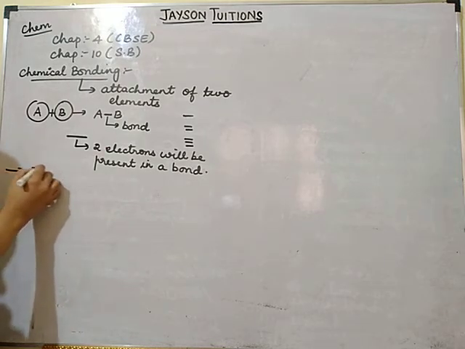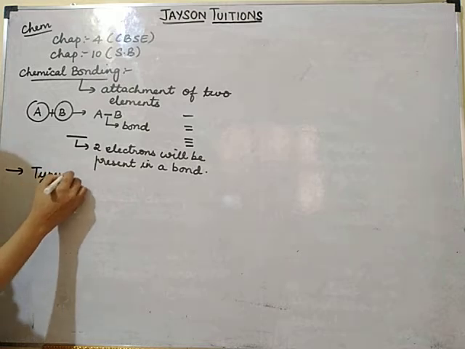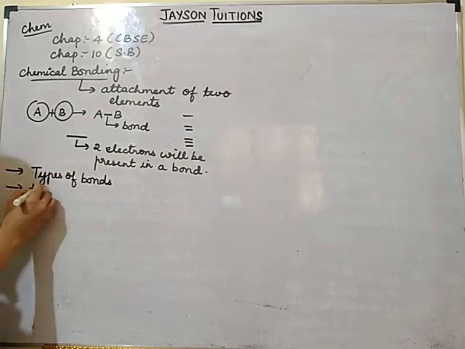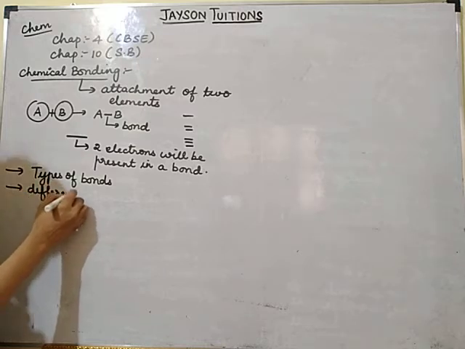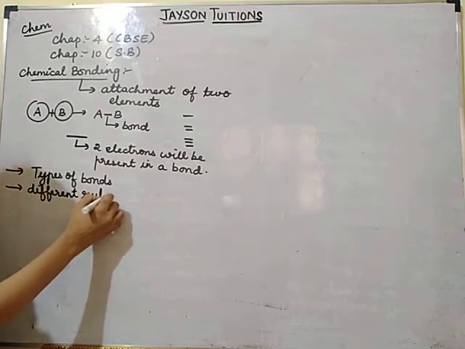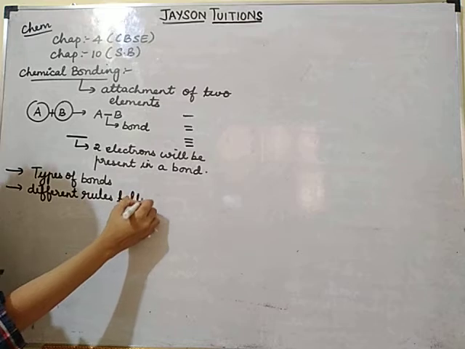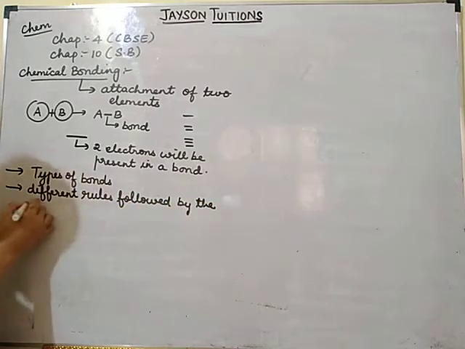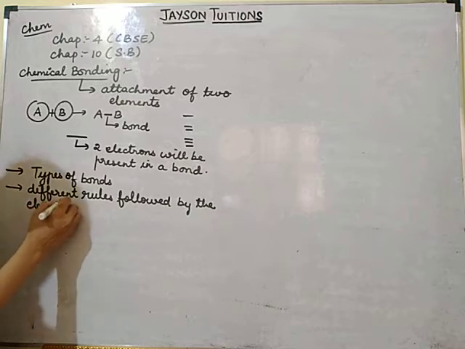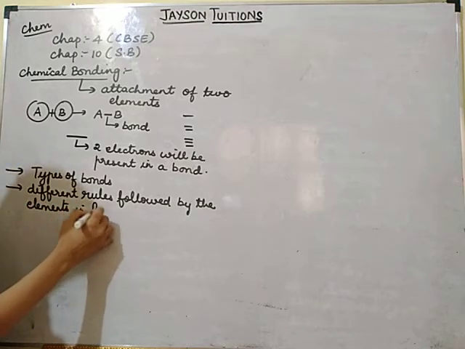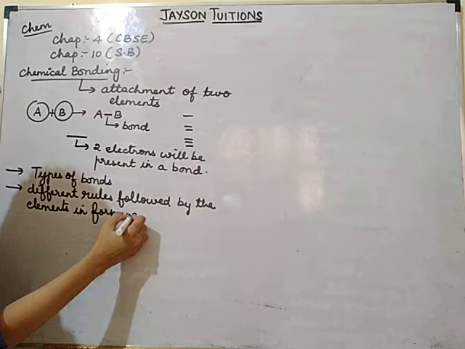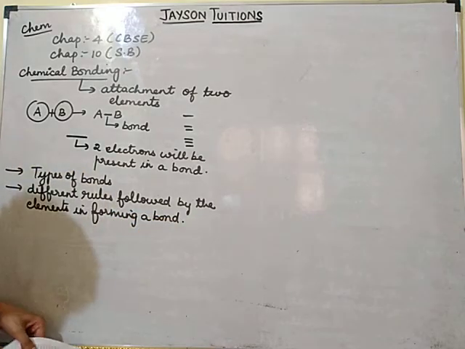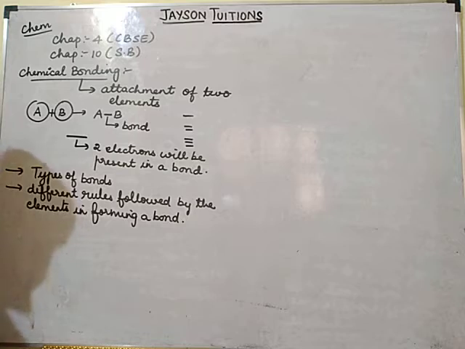So we are going to study the types of bonds and the different rules which will be followed by the elements in forming a bond. Okay, so all those things we will be studying in this chapter.